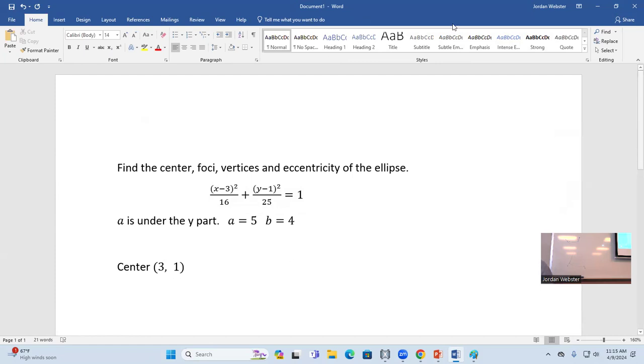Because the bigger number is underneath the Y, this is going to be stretched out vertically more than horizontally. So the ellipse is stretched vertically.